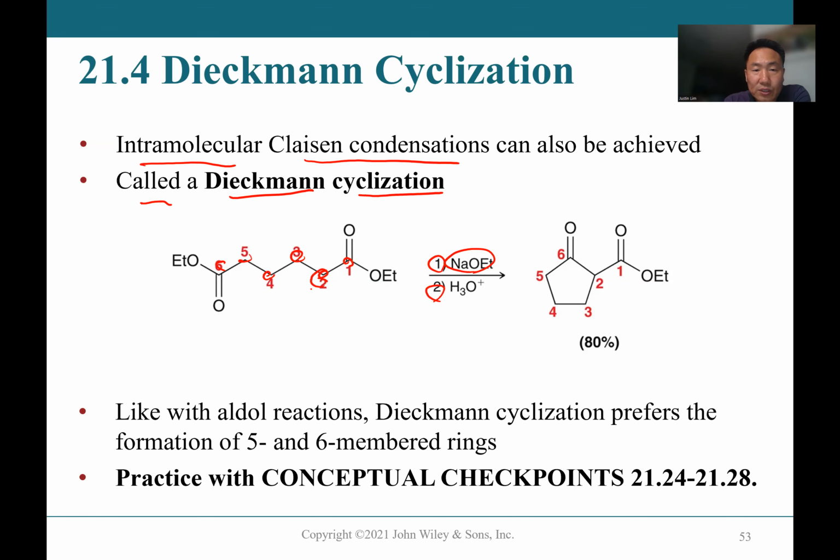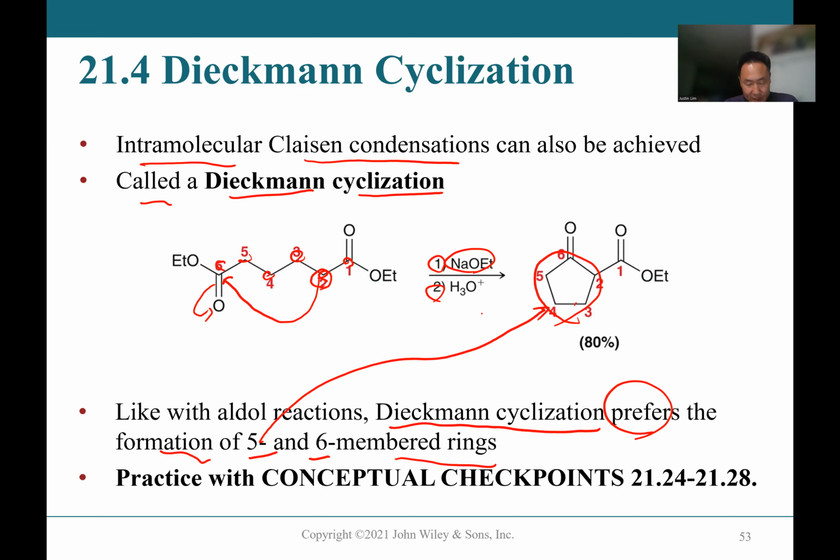The deprotonation step and nucleophilic attack on the carbonyl carbon generate a 5-membered ring. The Dieckmann cyclization prefers formation of 5- and 6-membered rings. In this case, a 5-membered ring.